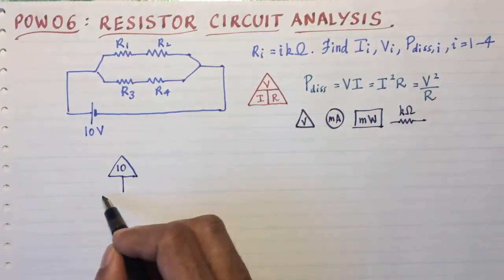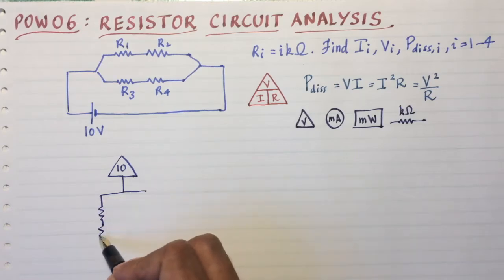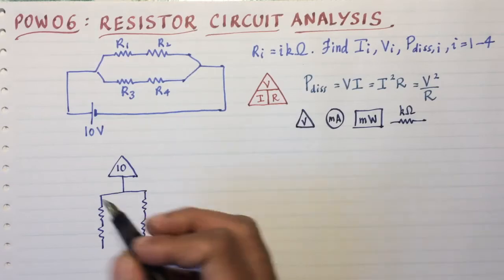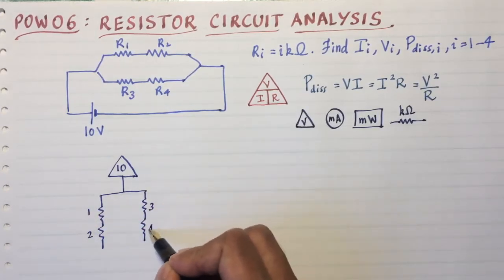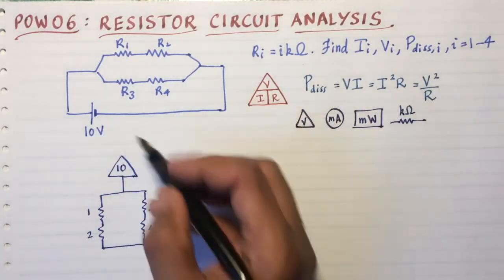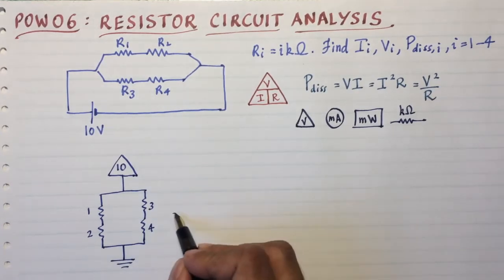So I'll mimic that as the branches of the tree. That's 1 and 2, 3 and 4. The branches then meet up and then go to the negative terminal, which are the roots of the tree.